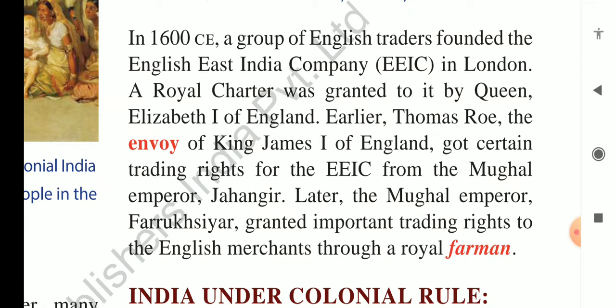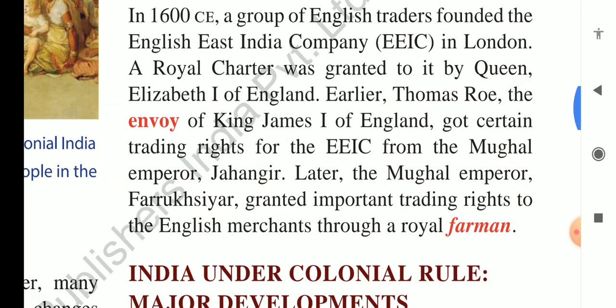A royal charter was granted to it by the then Queen at that time. Queen granted, it means the Queen gave the charter. Charter means permission. And the word royal means related to king or queen or their family.